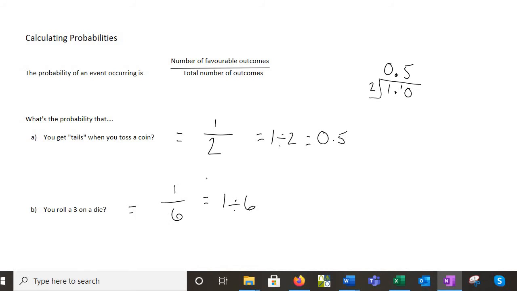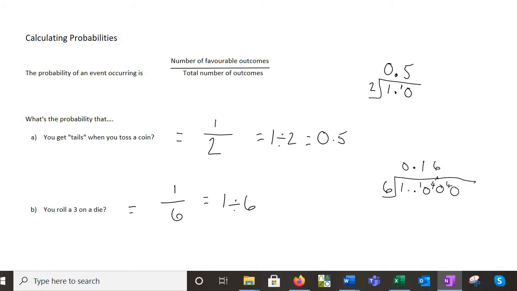But if it's asking for the probability as a decimal, you're going to need to do your divide, 1 divided by 6. You could probably do this on a calculator, but without a calculator, how many 6's go into 1? None. What's left over? 1. How many 6's go into 10? 1. What's left over? 4. How many 6's go into 40? 6 6's is 36, and 4 left over.